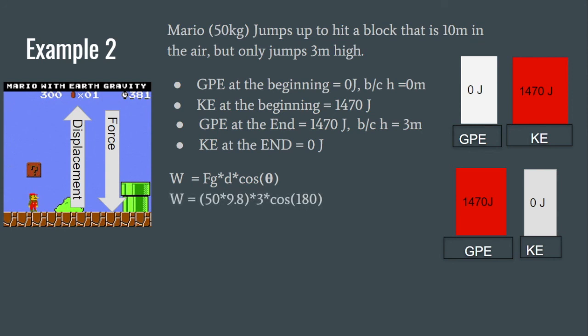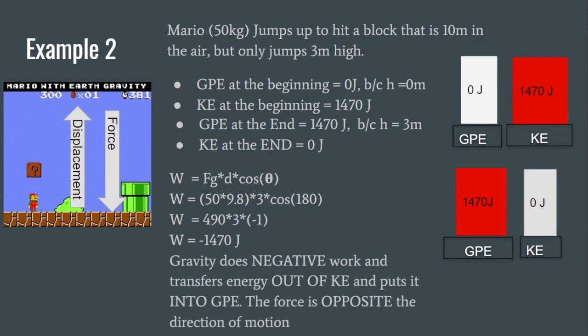Plug in our numbers here, we get 50 times 9.8, mass times gravity, times 3, which is our displacement, times cosine of 180, because the force and displacement are pointed in opposite directions. Because it's cosine 180, that's going to give us -1, which is just going to tell us that we have negative work being done here. So work is equal to -1,470 joules.